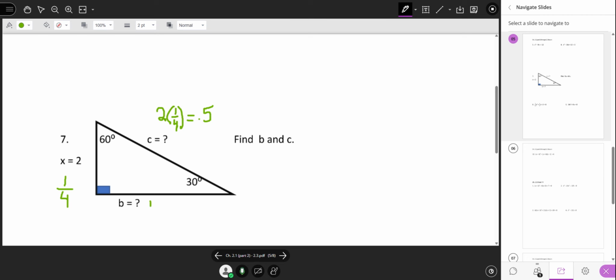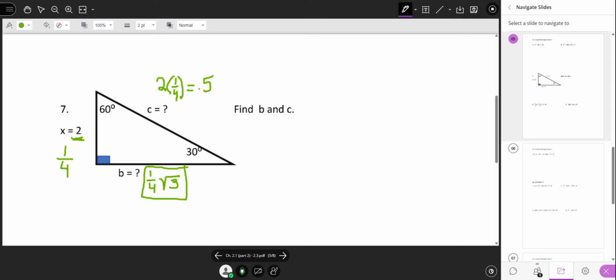And then 1/4 times the square root of 3 is still 1/4 square root of 3. Done. So if it gives you a fraction instead of a whole number, it still is not a big deal. You just use the fraction.